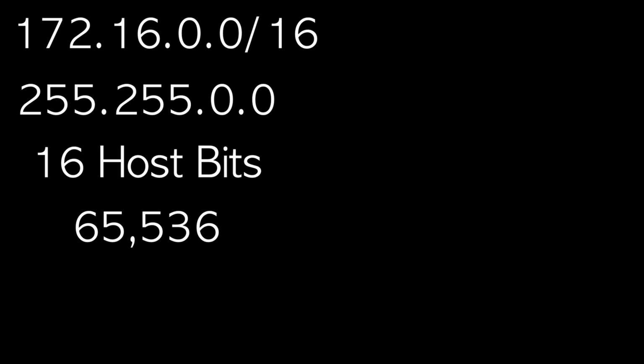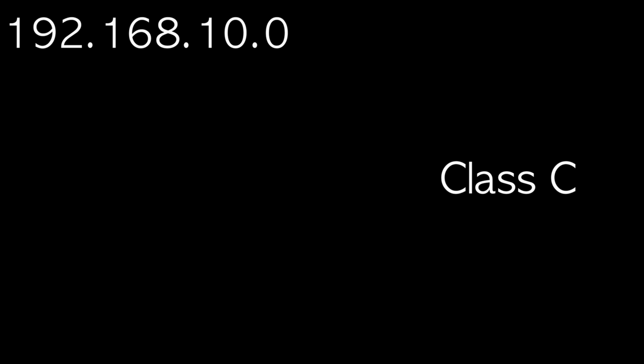So we can have 65,536 addresses on that subnet. We'll scale down a bit from there. You could use 172.16.0.0 network and add a slash notation, so /17 or 18, but then you're subnetting rather than supernetting that IP class. We're going to supernet a class C address, so let's take 192.168.10.0 as our example.